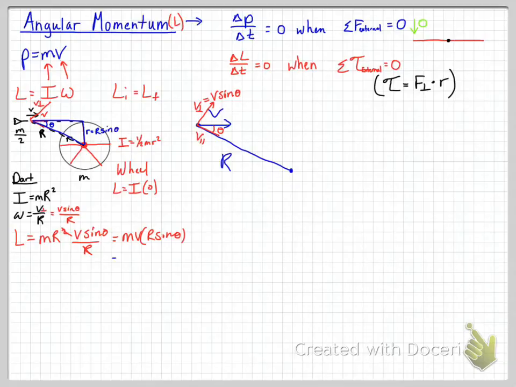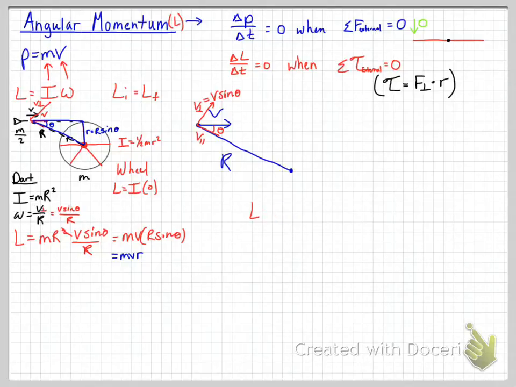And so little r will equal big R sine theta. Using our triangle to find that opposite side, we do the sine of the angle times the hypotenuse to get little r. That allows us to write this equation as if it's m v r.